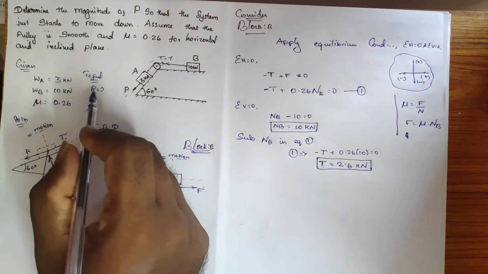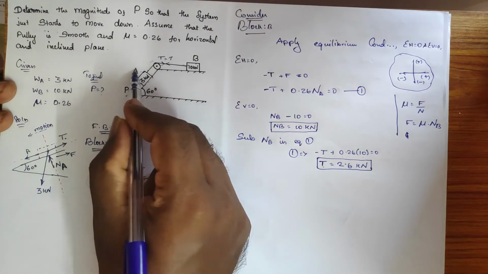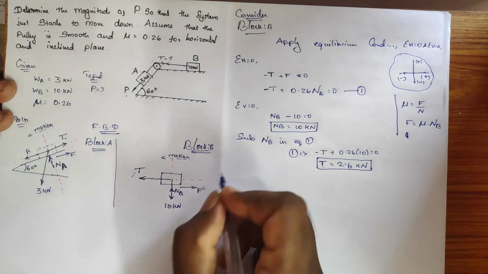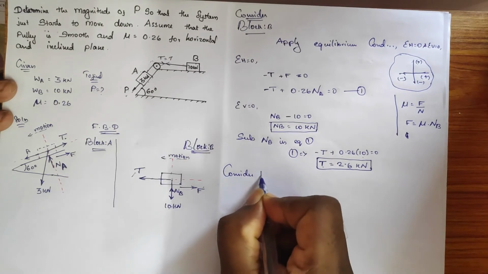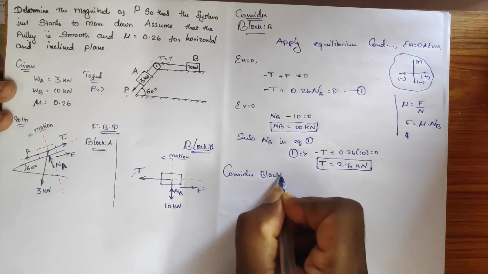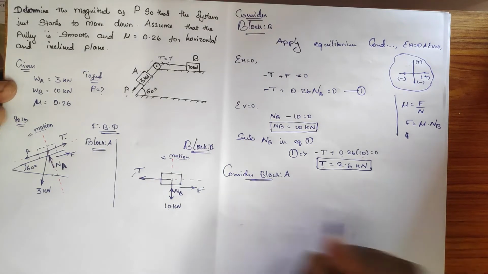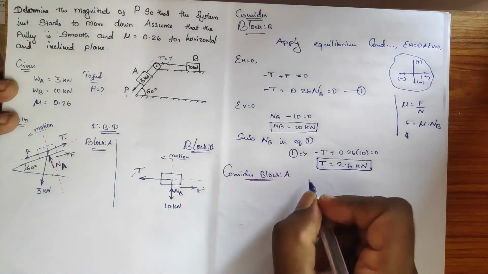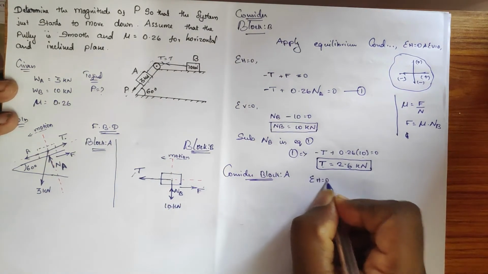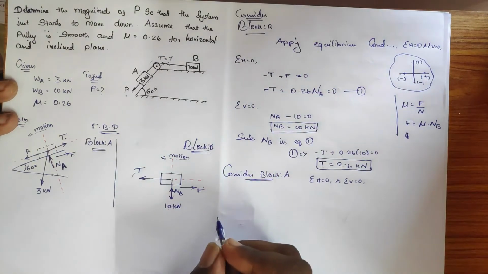What we need to find is P, which we will get when we consider A. Okay, so now consider block A. Consider the block A. Apply here the sum of horizontal force is equal to 0 and sum of vertical force is equal to 0 at equilibrium condition.